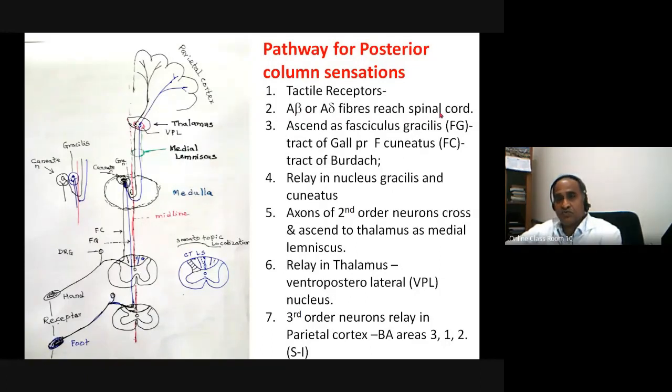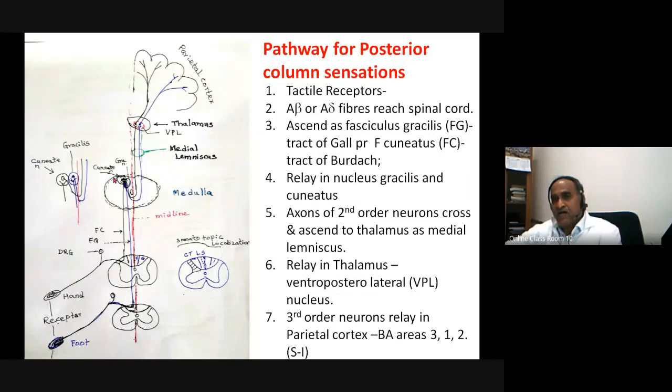This is step number 2. They reach the spinal cord, and then they ascend as fasciculus gracilis or fasciculus cuneatus to the medulla.